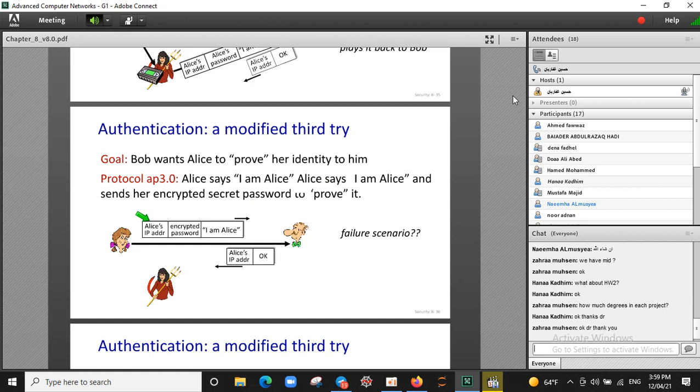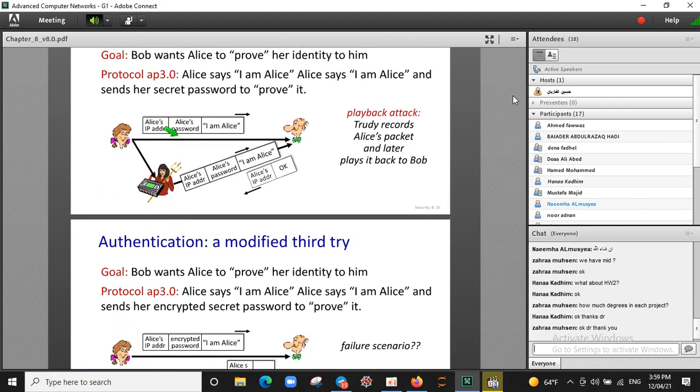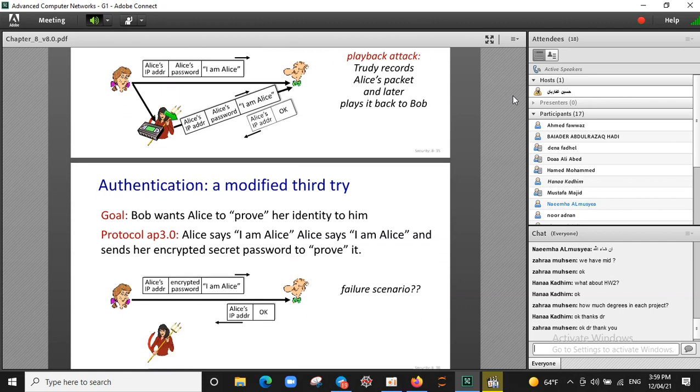Maybe someone says that Alice can encrypt her password. Here, Alice sends her password in plain text format without encryption.